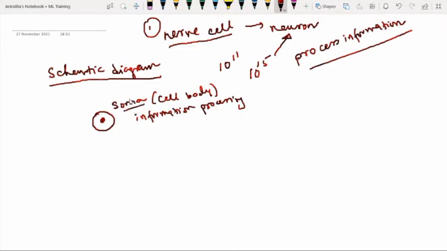Now we have some dendrites associated with it. Dendrites are some kind of tiny threads like this.